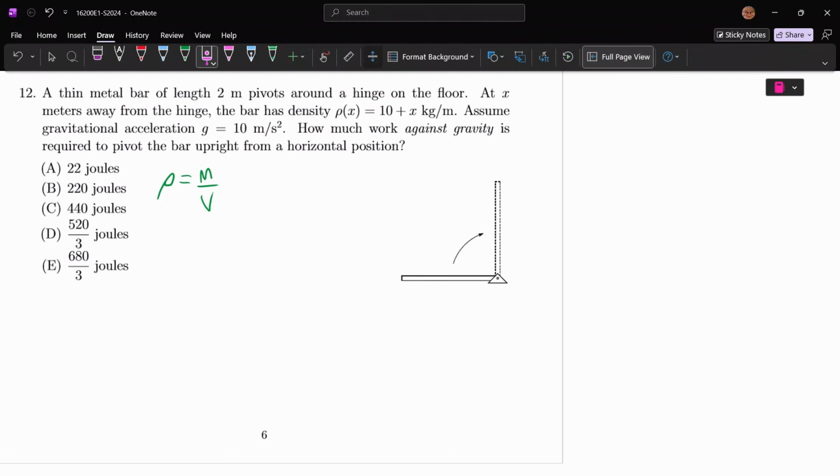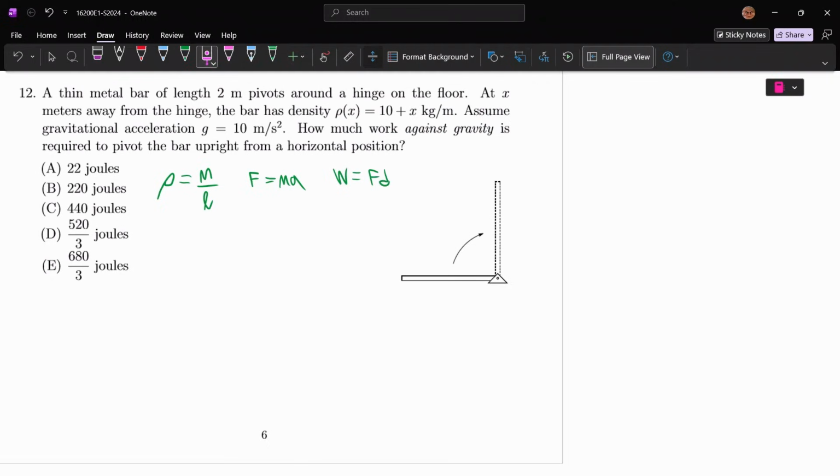And so we can approximate the bar's volume as just a singular length. And so we can say that rho is actually going to be equal to mass over length. And then the next thing I'm going to do is bring up force. We know that force is going to be equal to mass times acceleration. And then we know that work is generally going to be force times distance.